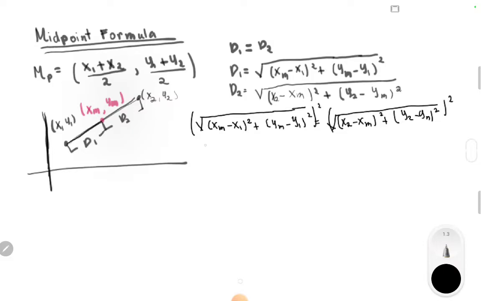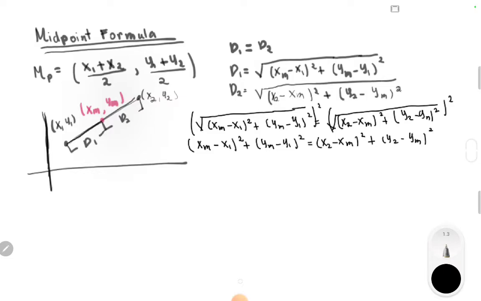From here, I will have xm minus x1 square plus ym minus y1 square, which is also equal to my x2 minus xm square plus y2 minus ym square.